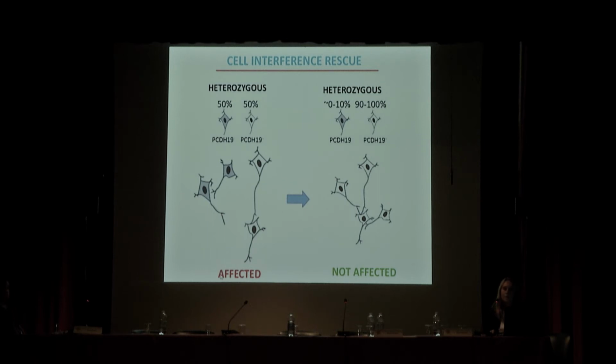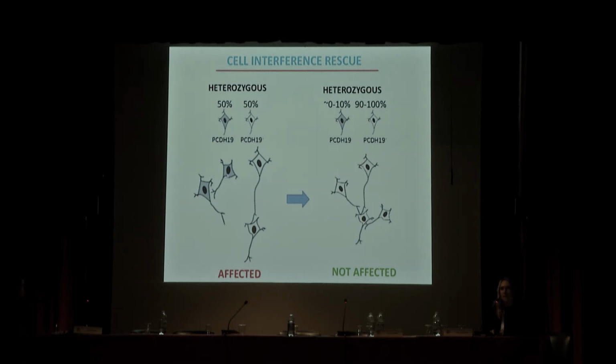We all know that the random X chromosome inactivation leads to mosaic tissue in females, with part of the cells expressing the mutant PCDH19 gene, and the other part expressing the wild-type form of the gene. And the coexistence of these two cell lines is proposed to scramble the cell-to-cell communication.